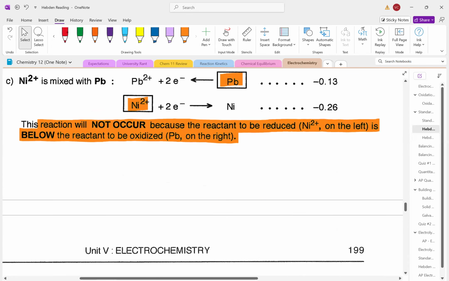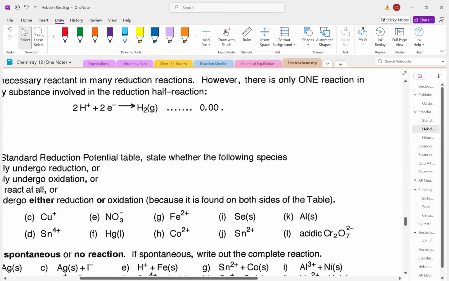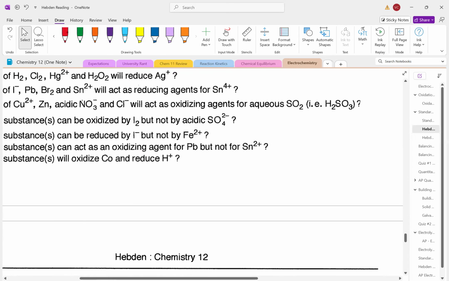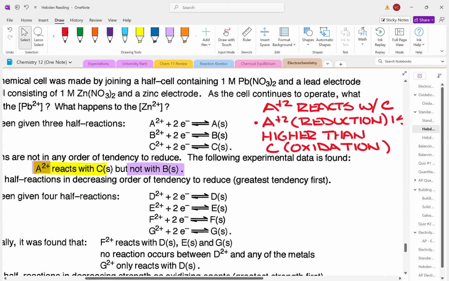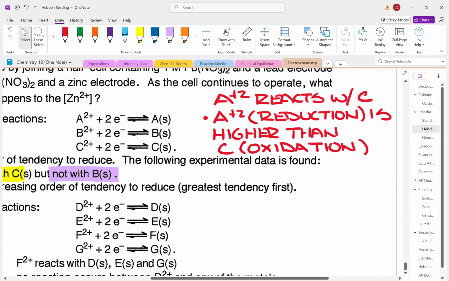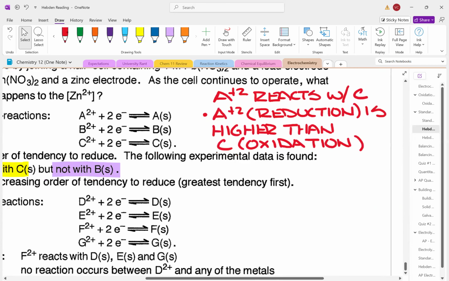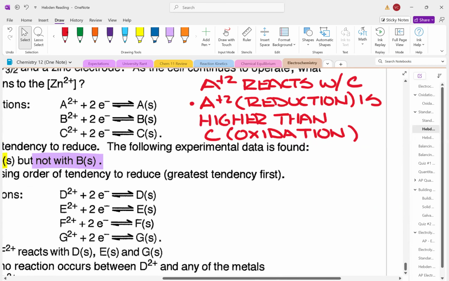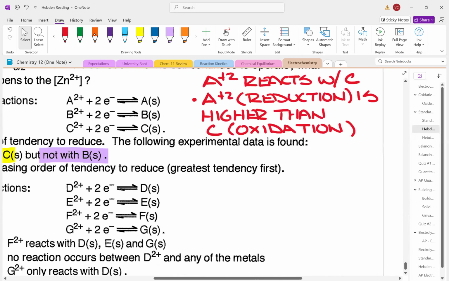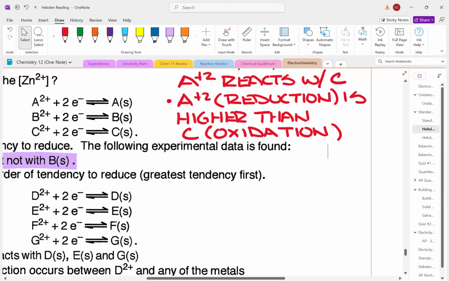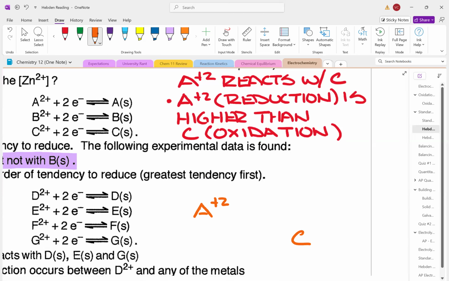That's how I knew that A2+ reacts with C, and so reduction is higher than oxidation. So if I put this down here, because I'm lacking a little bit of space, A2+, which is undergoing reduction, would be higher than C.